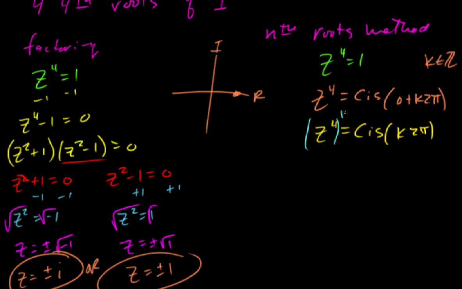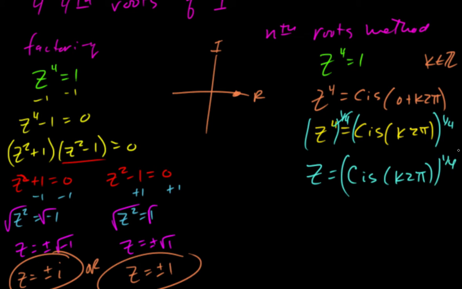Okay, we can raise both sides to the 1/4. Those cancel. Z is equal to cis k 2 pi raised to the 1/4. Sorry, just raised to the 1/4.